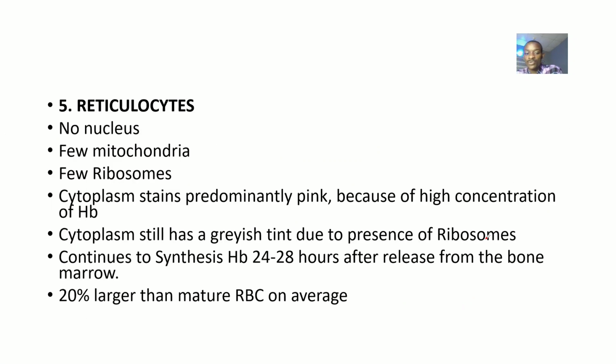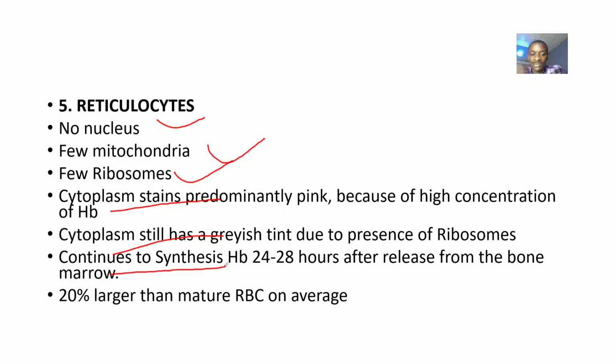Then next we have the reticulocyte. This is just the stage before the matured erythrocyte. It has no nucleus, few mitochondria, and few ribosomes. The cytoplasm stains predominantly pink because of the high concentration of hemoglobin. The cytoplasm has a grayish tint due to the presence of ribosomes.